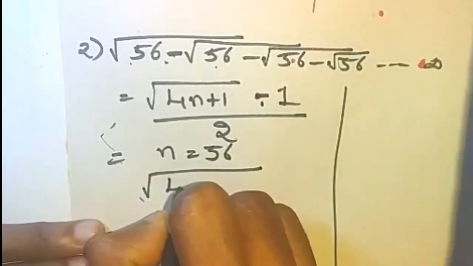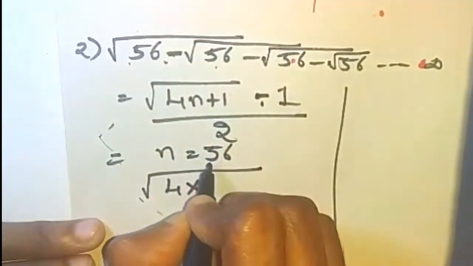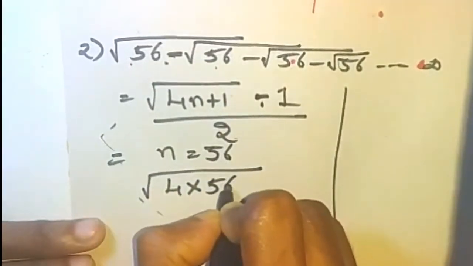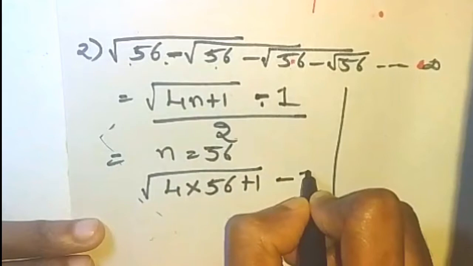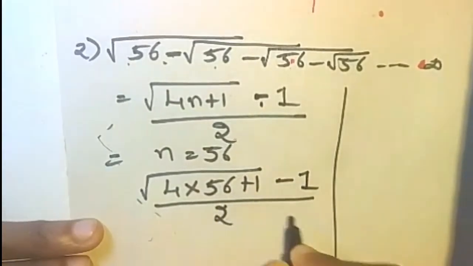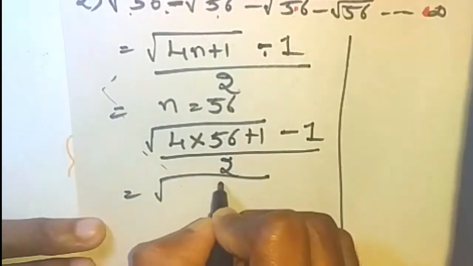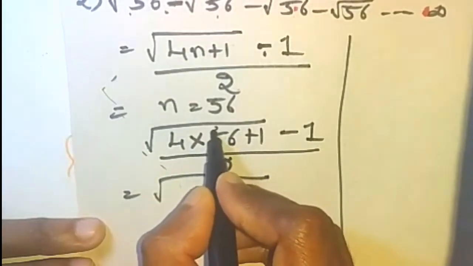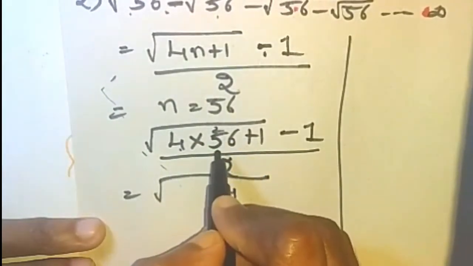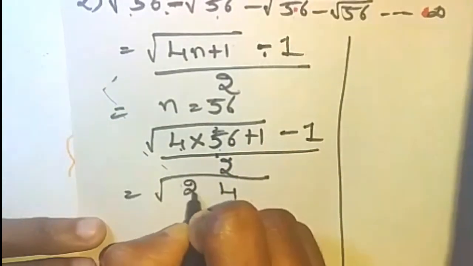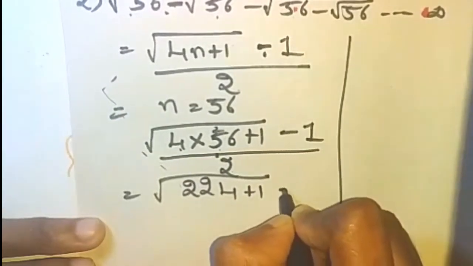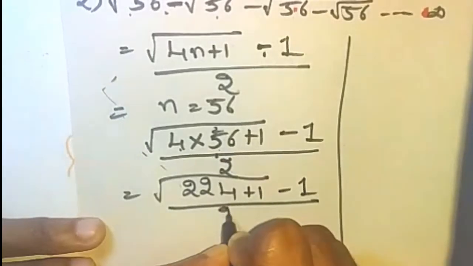Slowly I am saying, listen very carefully. 4 into, substitute this 56 here. 4 into 56 plus 1, minus 1, divided by 2. Now 6 4s are 24. Take 4 here and 2 carry here. 5 4s are 20, plus 2 is 22. So 224 plus 1, minus 1, divided by 2.